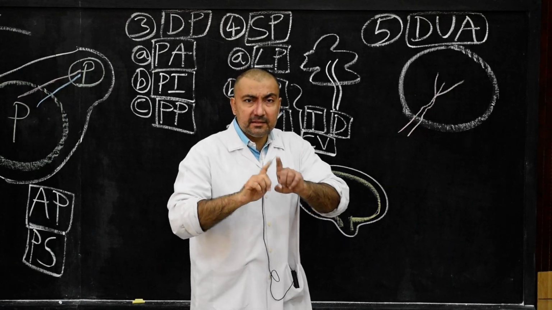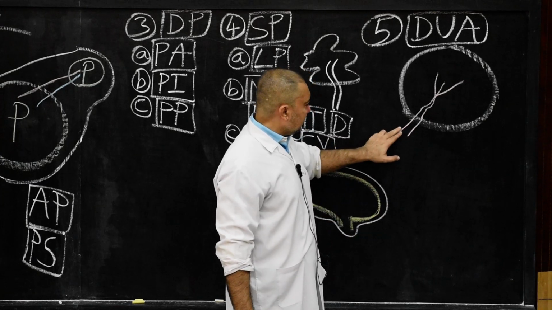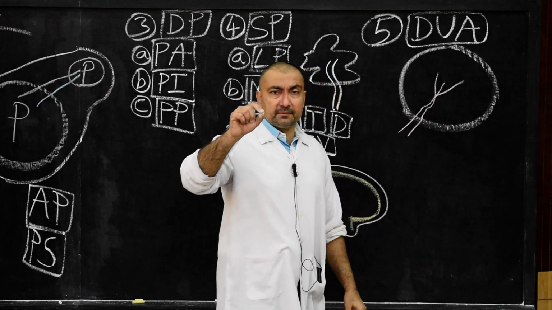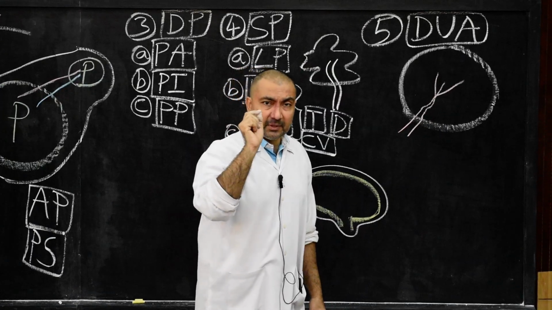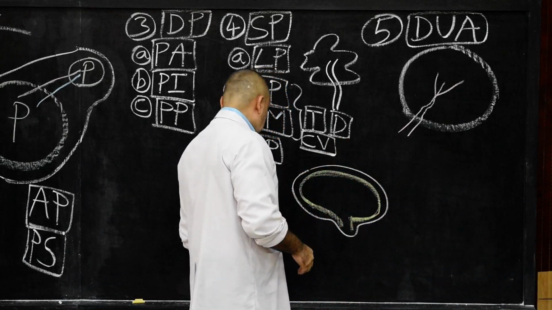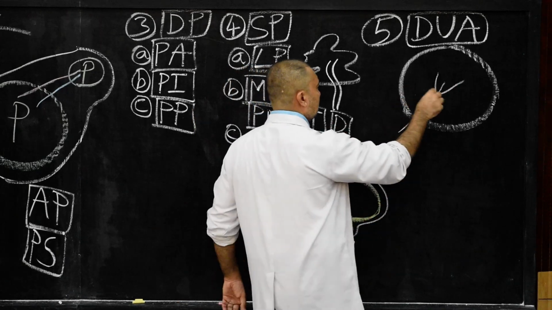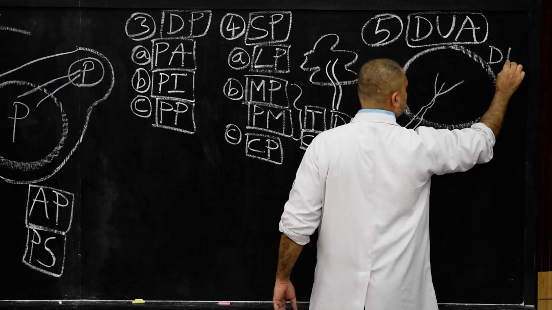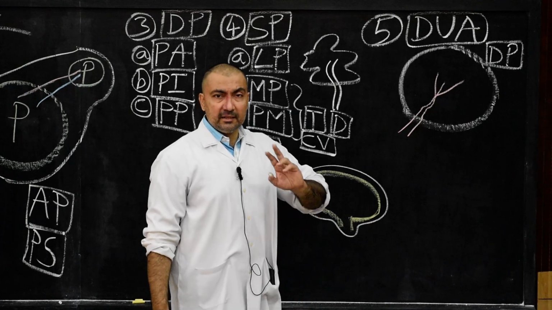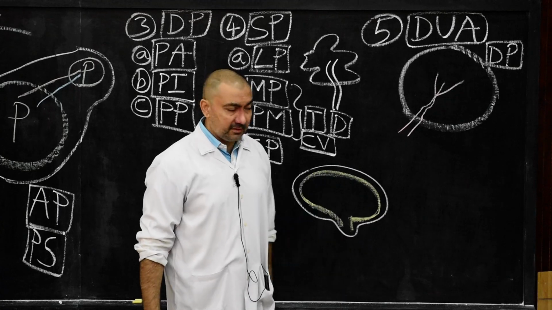This reduction in caliber of the umbilical artery as it approaches the placenta is known as disperse placenta, disperse variety. Where the umbilical artery is constantly reducing in caliber as it is approaching the placenta.